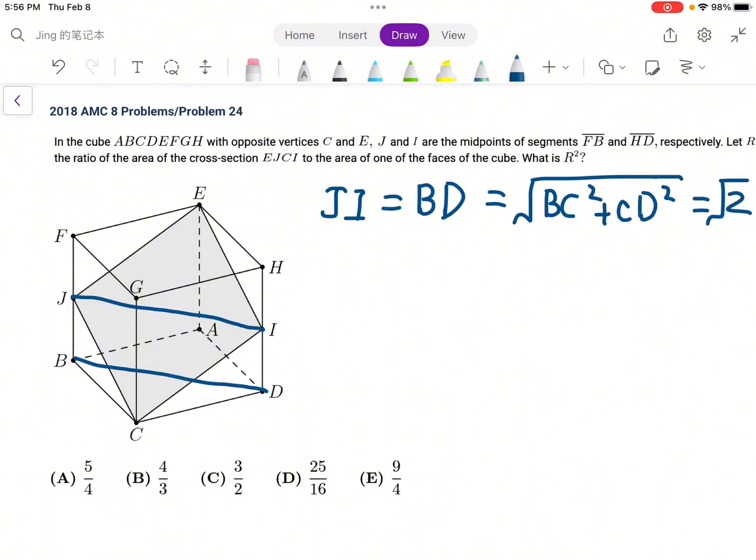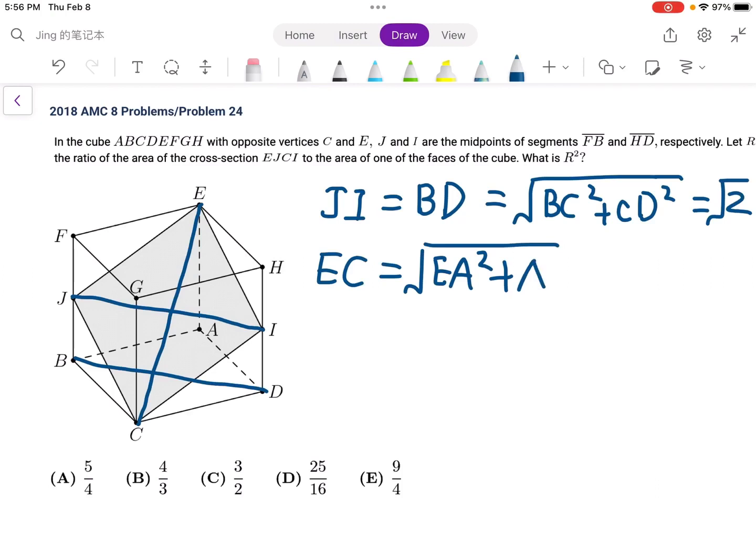And then let's calculate the length of EC. The length of EC equals the square root of EA square plus AC square.